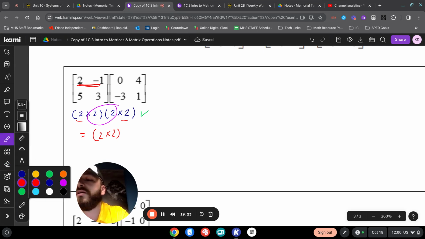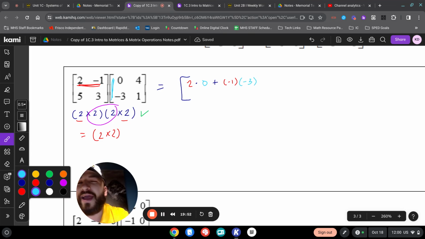We'll use a different color to help everyone out a little bit here. So 2 times 0, and then plus, second term, -1 times -3.